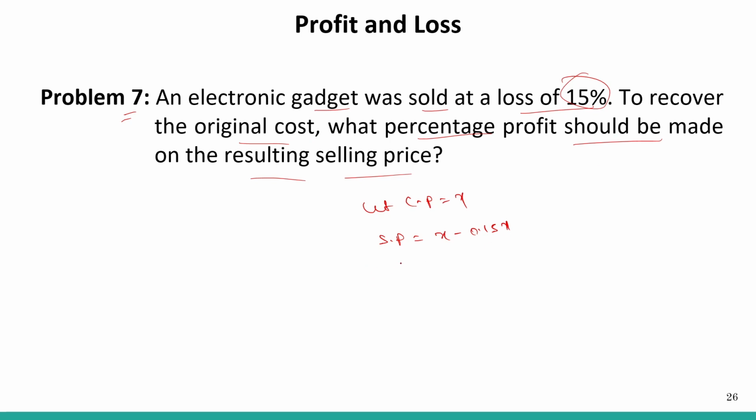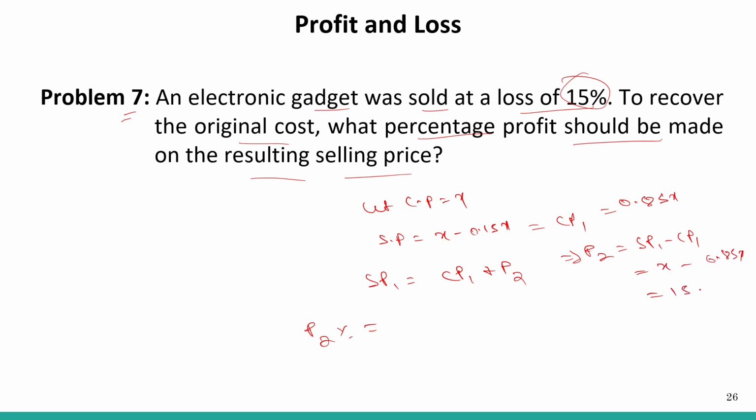So this is the new CP, CP1, right? So SP1 is equal to CP1 plus P2, that is profit number 2, and the profit percentage is P2 percent. So this implies that P2 is equal to SP1 minus CP1, right? So SP1 is equal to 0.85X, so the selling price 1 is X minus 0.15X, which is 0.85X.